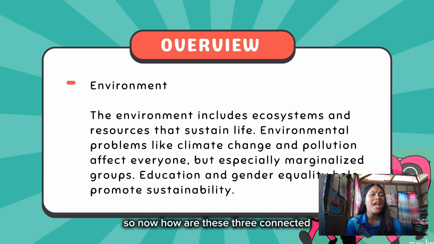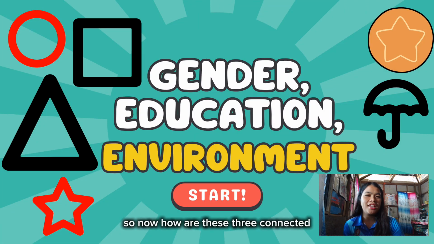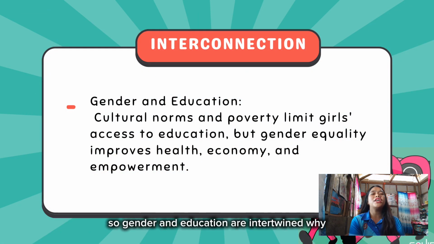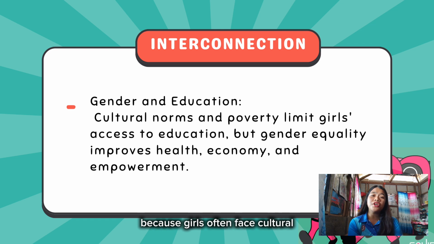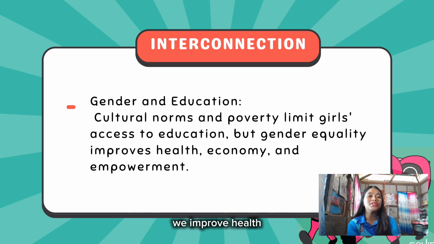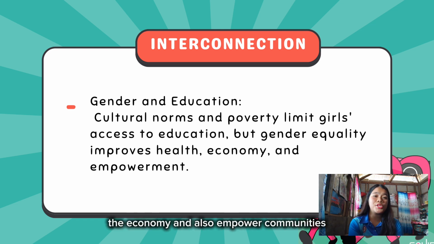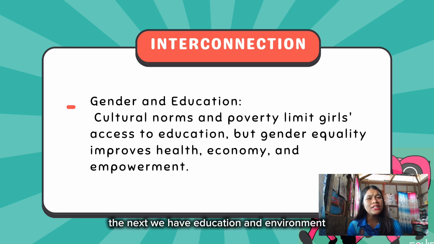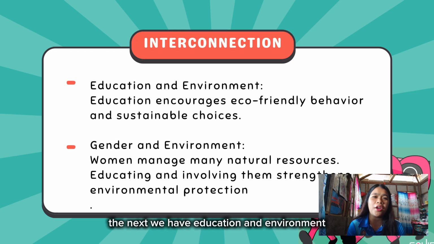Now, how are these three connected? Gender and education are intertwined. Why? Because girls often face cultural and financial barriers to school. But when we support gender equality, we improve health, the economy, and also empower communities. Then next, we have education and environment.